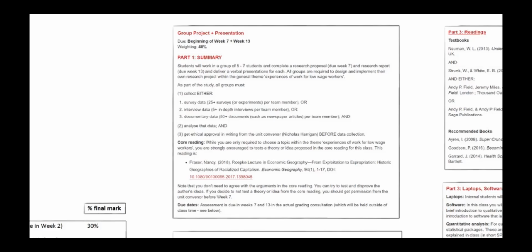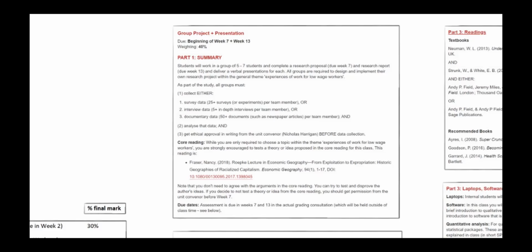You could go and survey people at the university who you don't know, or at train stations, or on the street, or in food courts, etc. But basically, each of you should, over the course of those 2 to 4 weeks of data collection, do about 25 surveys. You've then got to analyze that data, and 3, you've got to get ethical approval in writing from me before you start data collection.